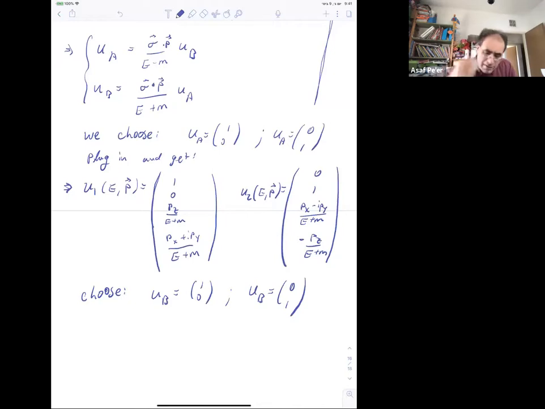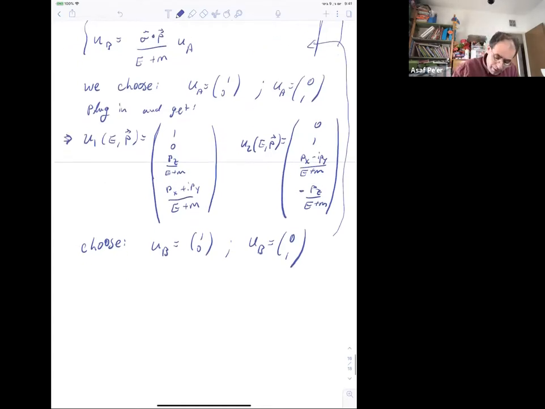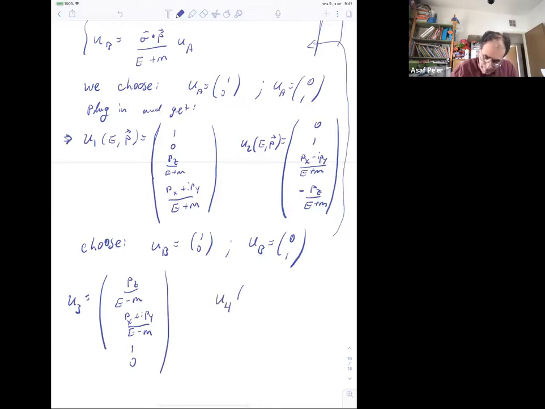Again I use that to calculate UA. The corresponding U3 is Pz divided by E minus M, and Px plus iPy divided by E minus M, then (1, 0). And U4 is Px minus iPy divided by E minus M, and minus Pz divided by E minus M, then (0, 1).